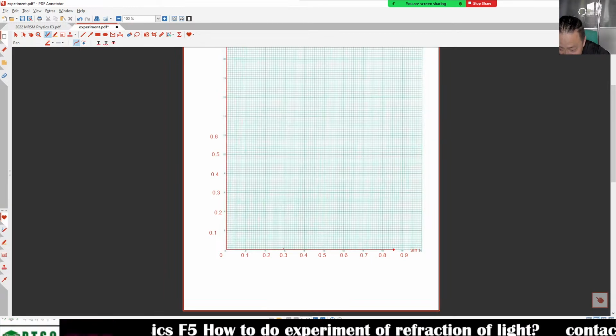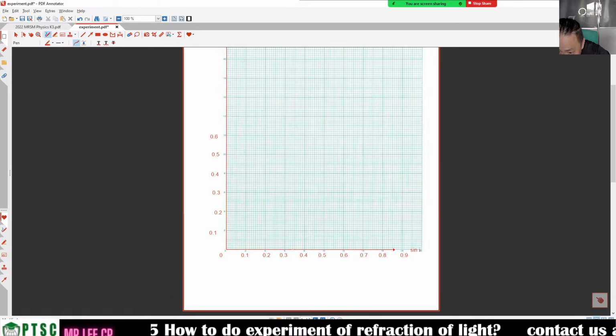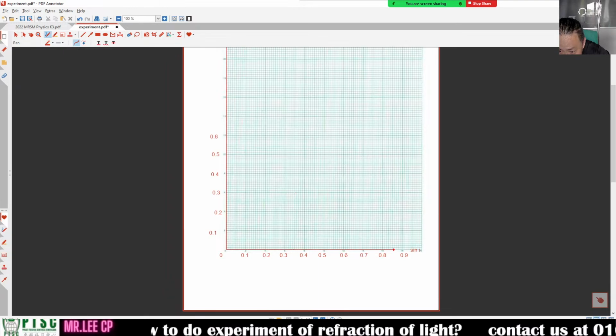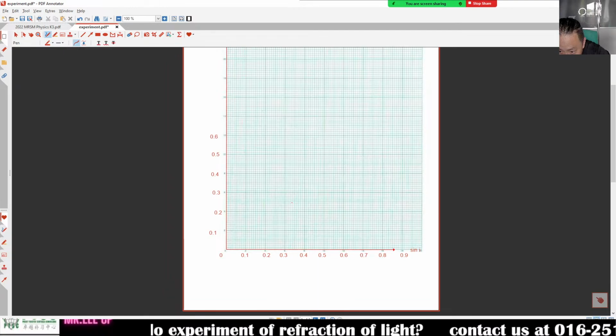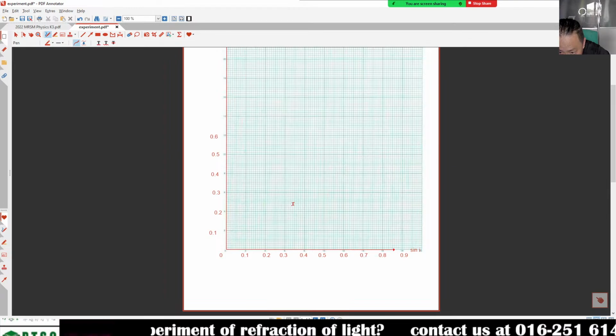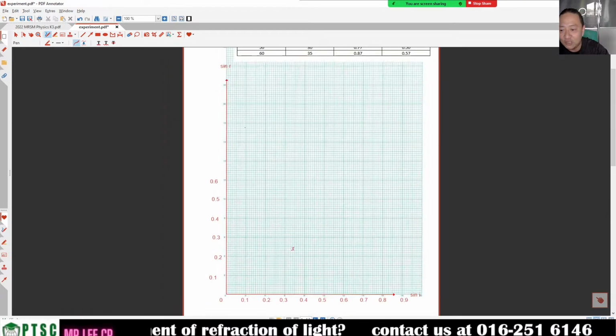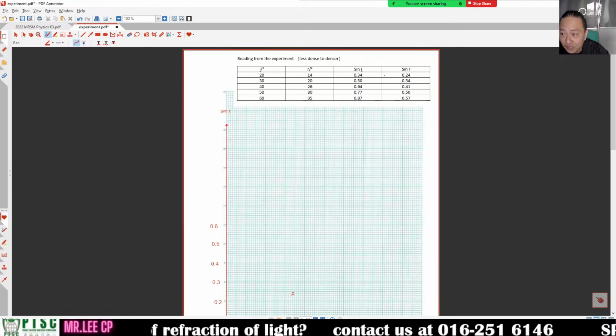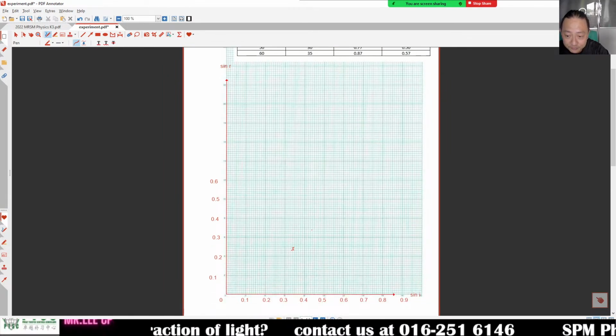I don't have a ruler. I marked the first point already.